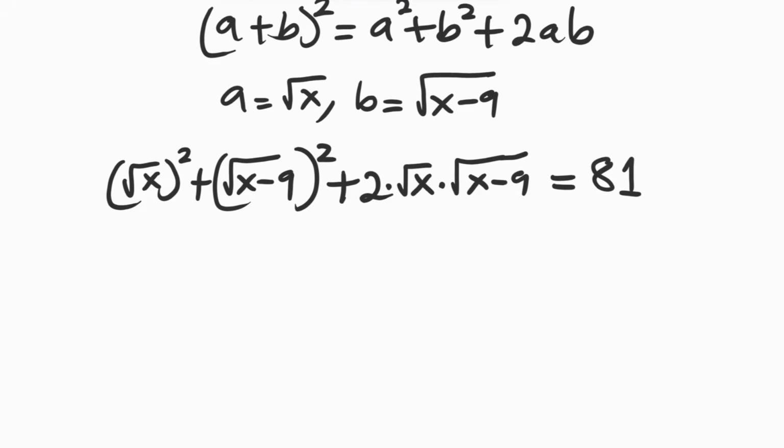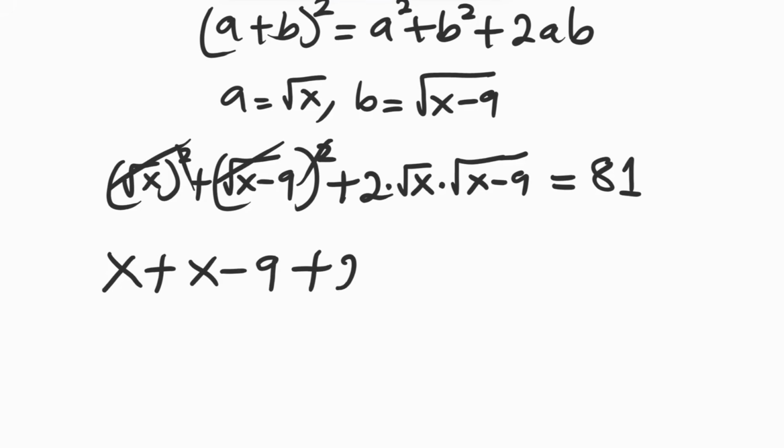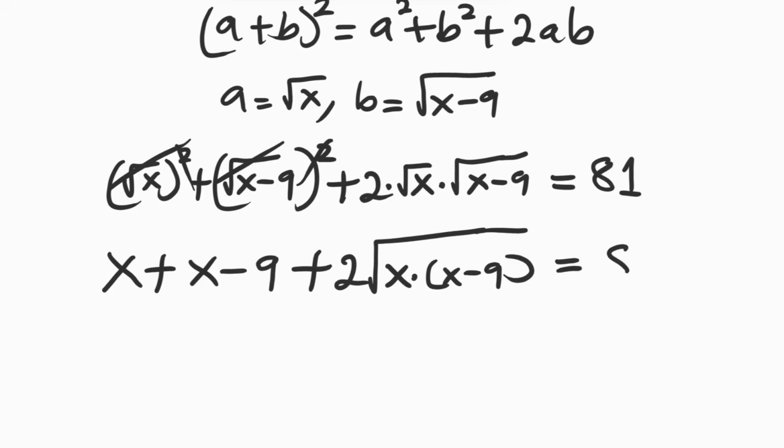Okay, so now this 2 will cancel out the square root, and so we have x plus x minus 9 plus 2 into the root of x times x minus 9 equals 81.